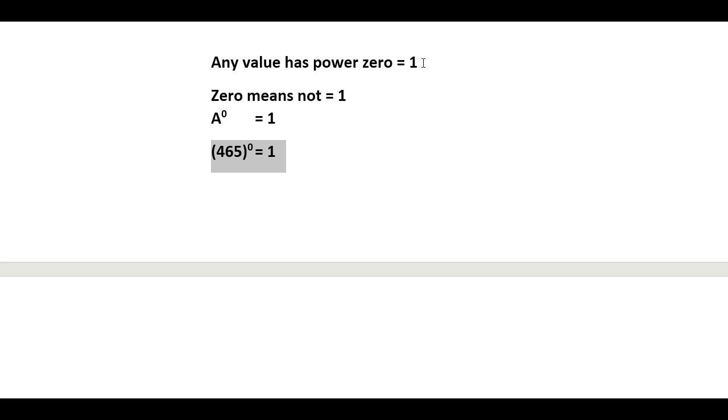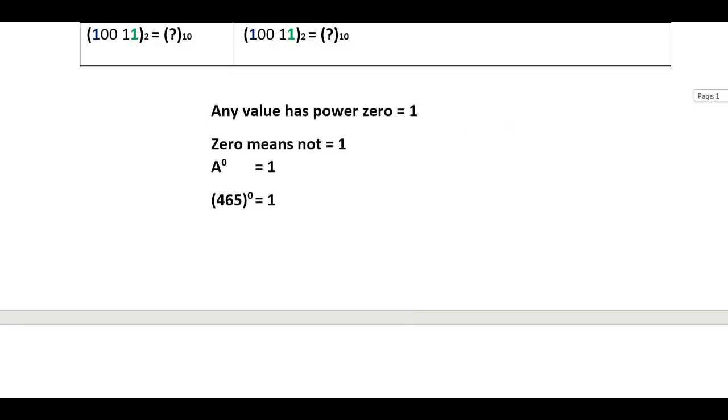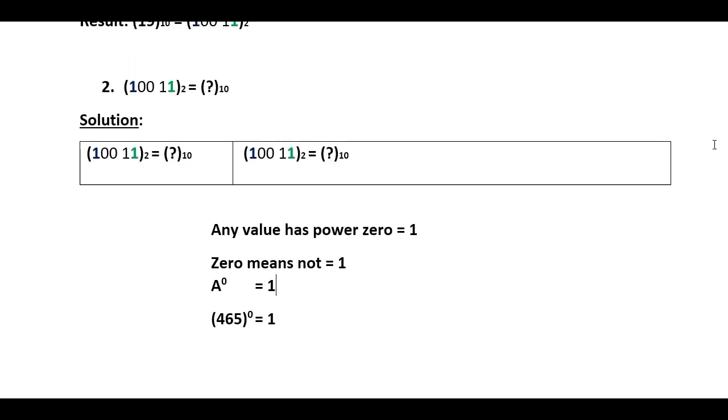So this is the rule of math: any value to the power 0 is equal to 1. Here you see a to the power 0 is equal to 1, 465 to the power 0 is equal to 1. And any value which you multiply by 0, the result is 0. Any numeric value, any alphabetic variable multiplied by 0, the result is 0. Now I'm solving this. Hope it's really easy for you.